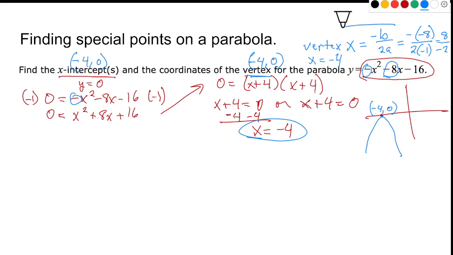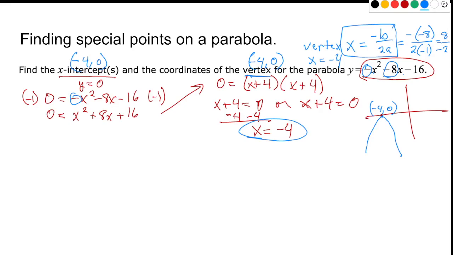So this is something, again, it's in the notes, but this is going to be a valuable way to find the vertex. And then what we would need to do is take that -4 to find the y-coordinate, plug it in for x, and then what we would see in this case, it's going to be equal to 0. So let's go ahead and do that just to take this one more step.